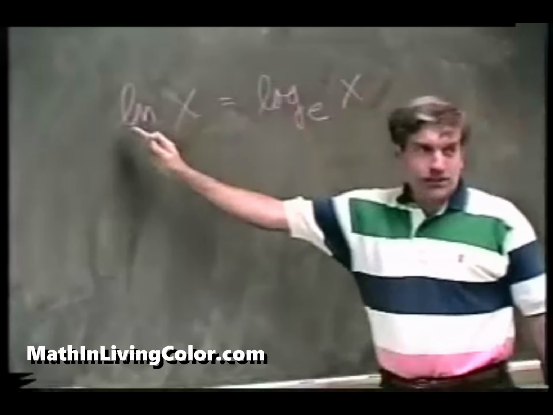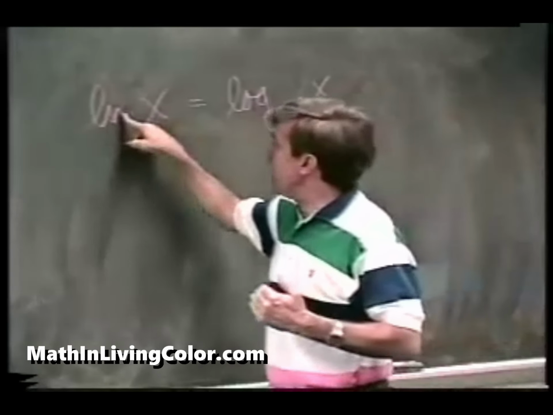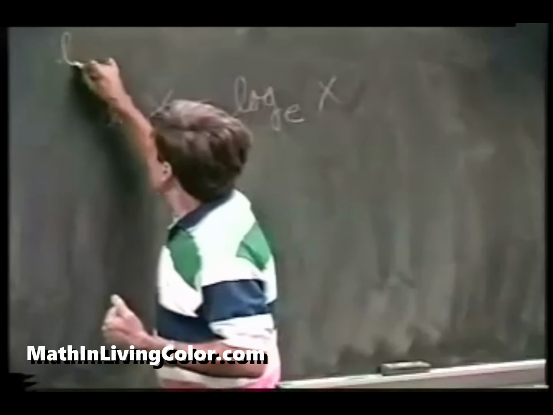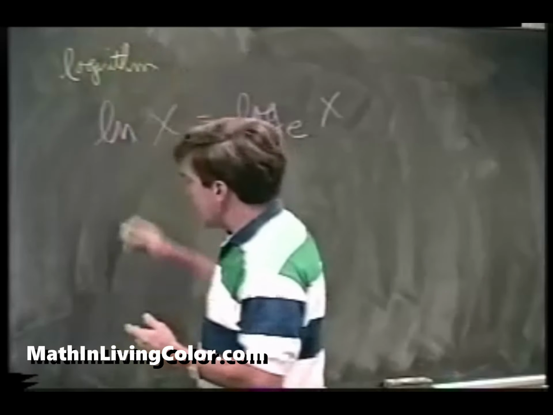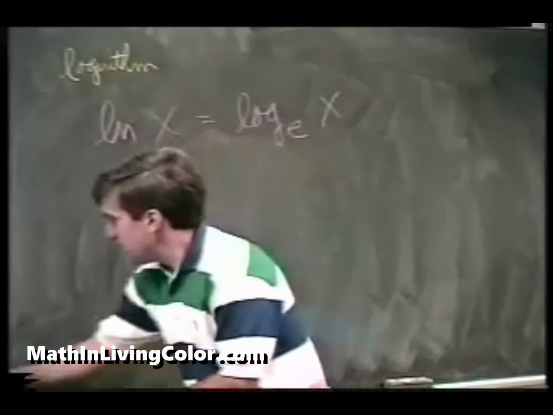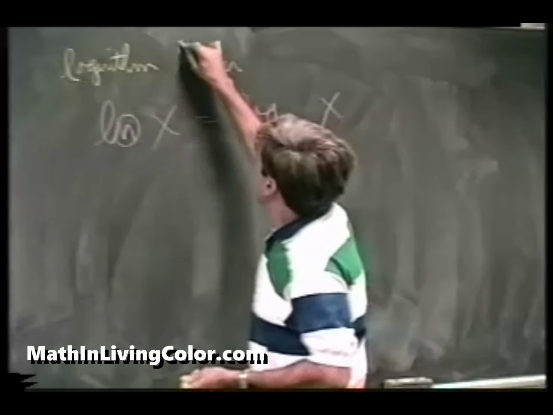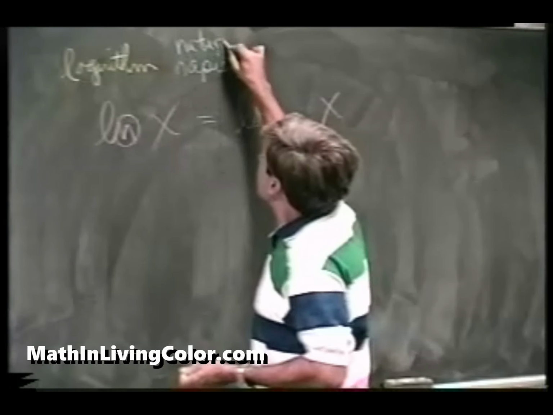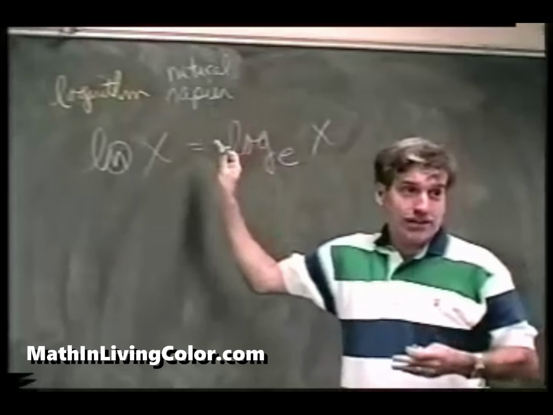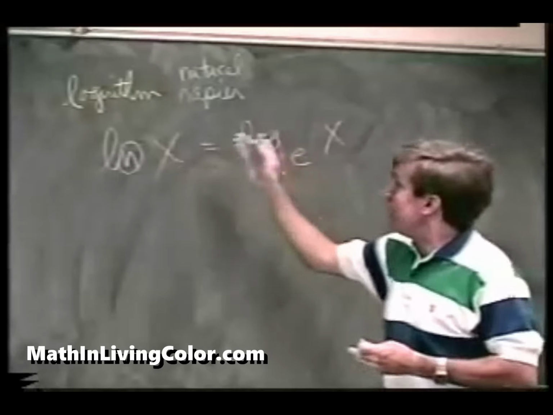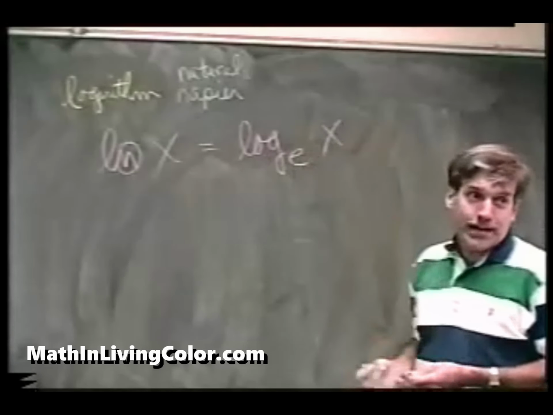We call it ln because L stands for logarithm and N stands for Napier or natural. So we're talking about the natural logarithms or the Napier logarithms when we talk about the ln of x. It's very important to realize that ln of x means exactly the same as the log base e of x.